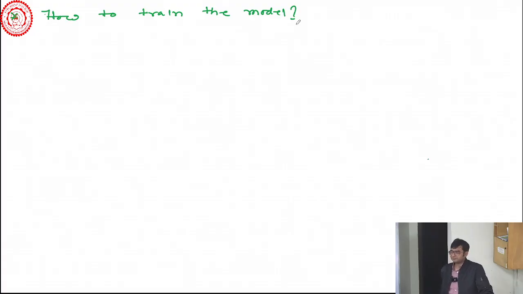Distribution of what? The distribution from which the data is coming. So then what should be the learning goal? That the distribution that you are getting from the autoregressive model should match as closely as possible with the distribution from which the original data is generated. So you basically would like to match two distributions, right?